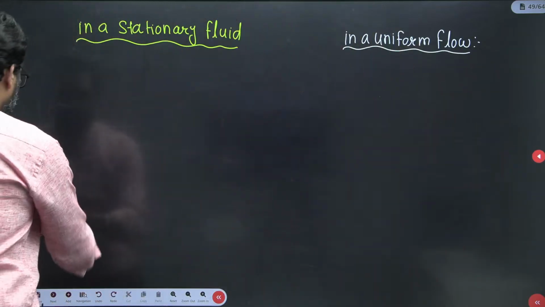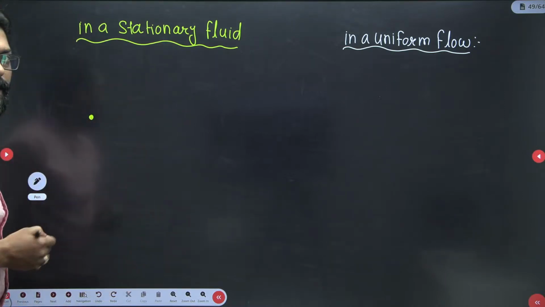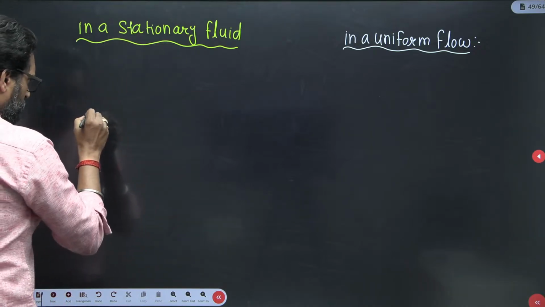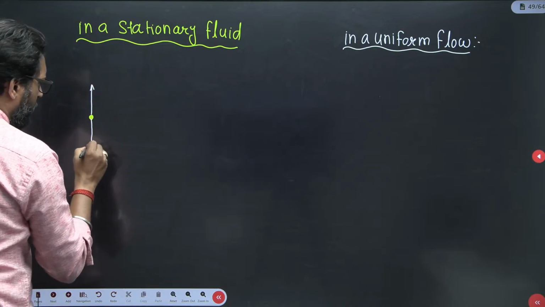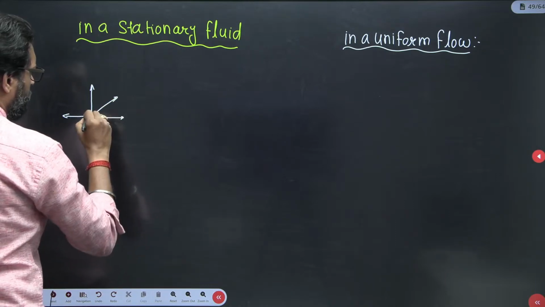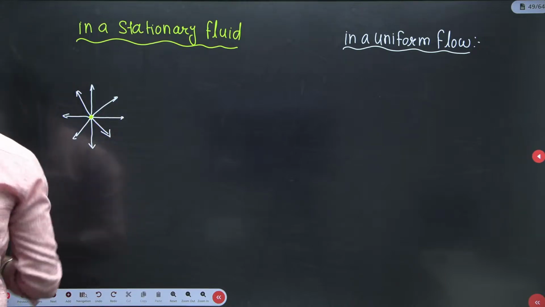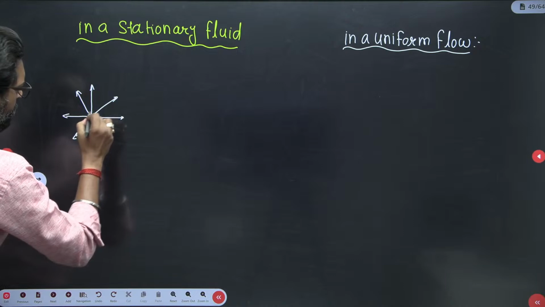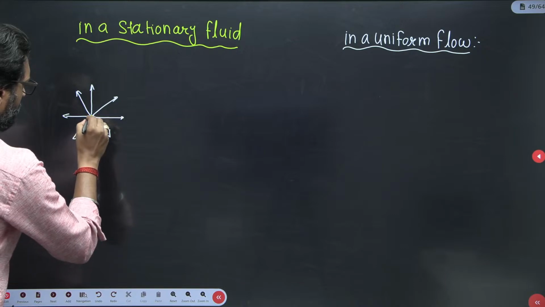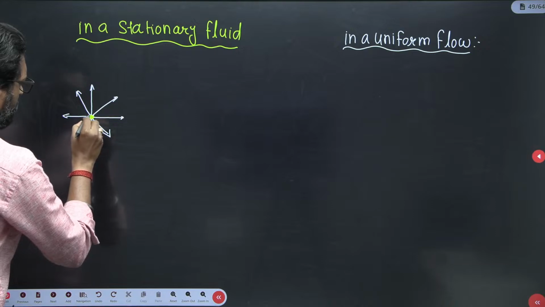Let's suppose we are heating at a point. So if you heat the point, it will diverge all around. The streamlines will diverge all around.